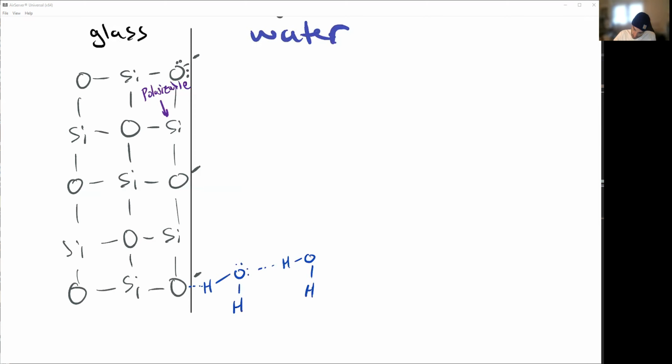You have water molecules that pile up, taking advantage of that hydrogen bonding network. I'll use a different color for this. These little red lines are where hydrogen bonding is occurring, and that continues all the way up this surface.